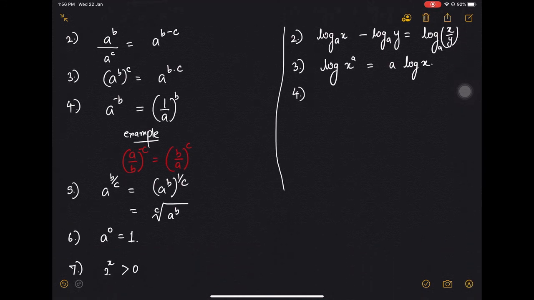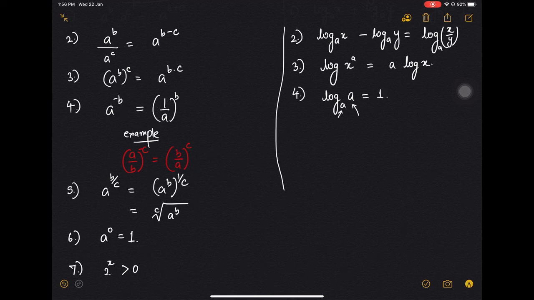Next we have log base a of a. If you look at this statement, it's as if you're asking the log, what power of a is a?